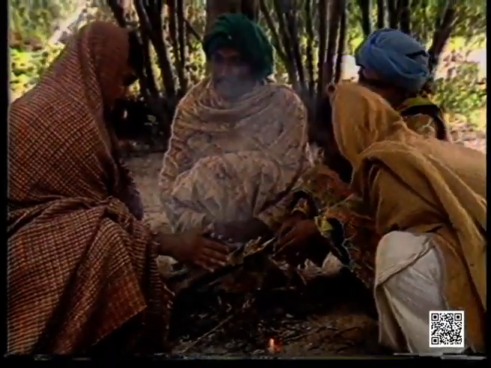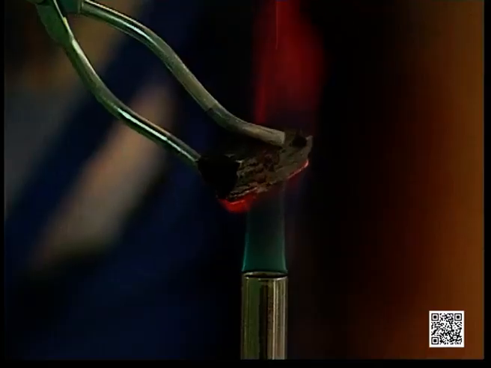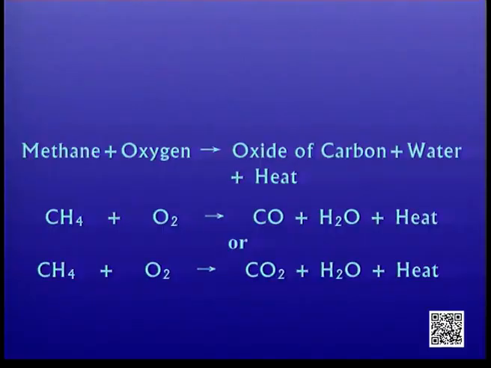Every single example of flame that we see here begins with carbon or a carbon compound. The carbon compound, such as methane, combines with oxygen in the air to produce an oxide of carbon, that is, carbon monoxide or carbon dioxide, along with water.